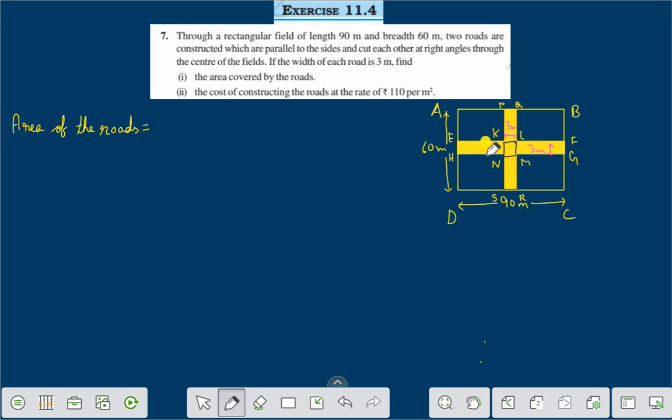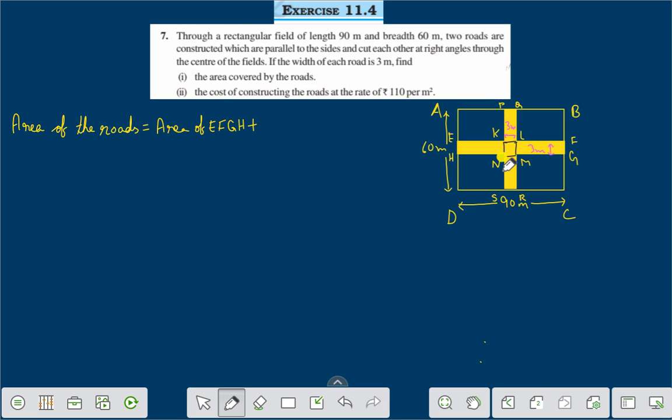Length is 90 meter and width is 3 meter. Therefore, area of rectangle EFGH plus the area of this rectangle, whose length is 60 meter and breadth is 3 meter.